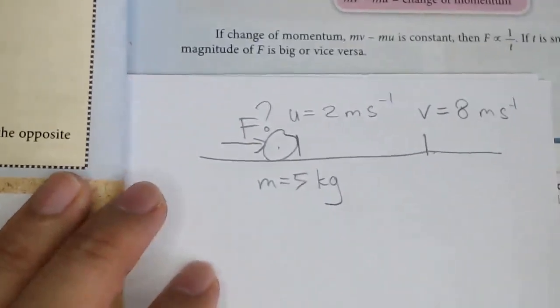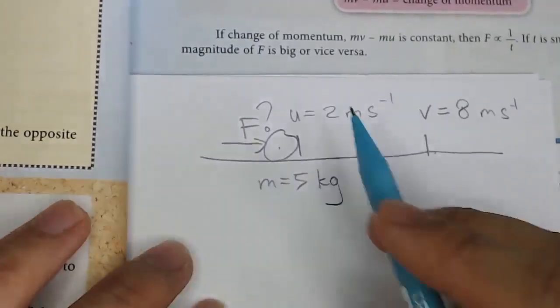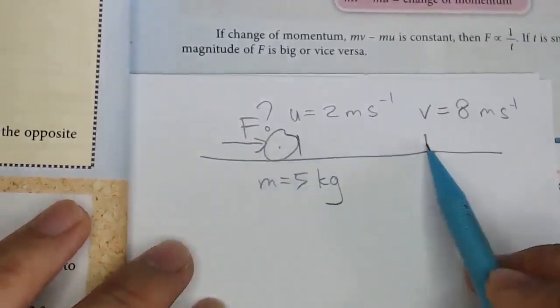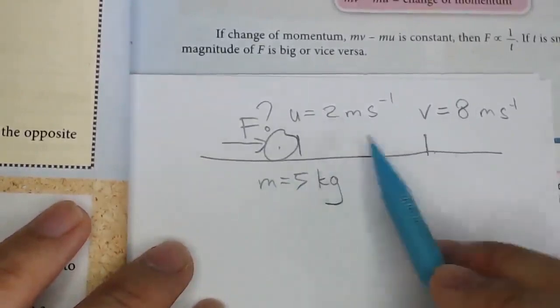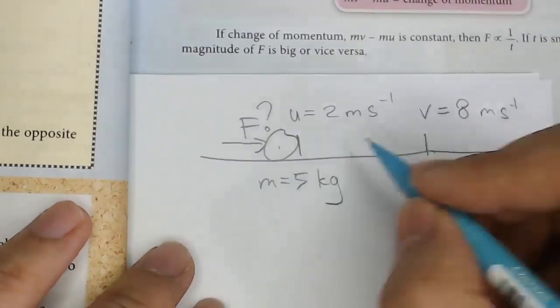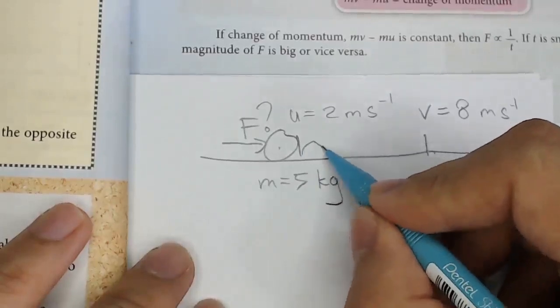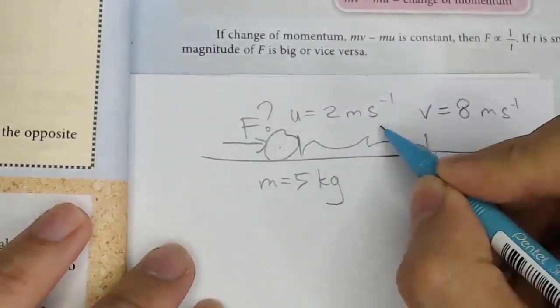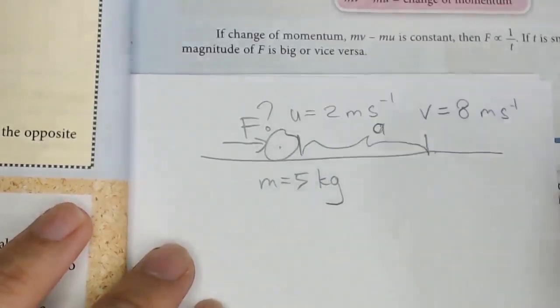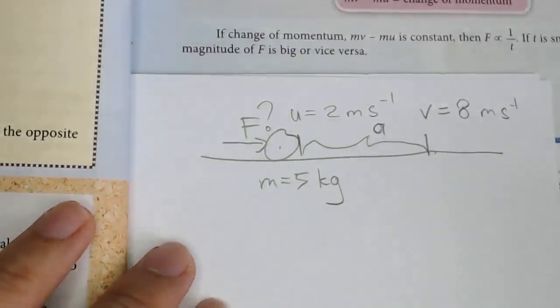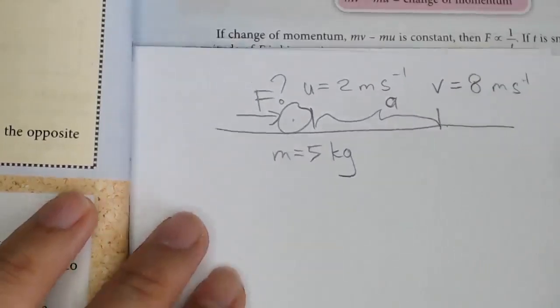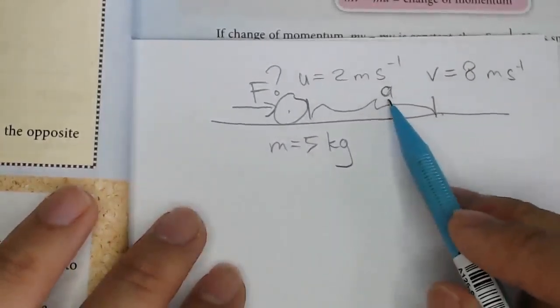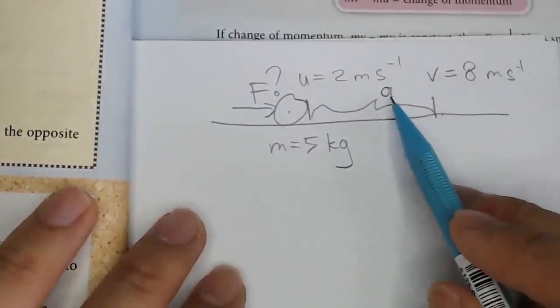So what happened from this point until this point? It is acceleration, A. Okay, we need to find the value of A. Can you do it?